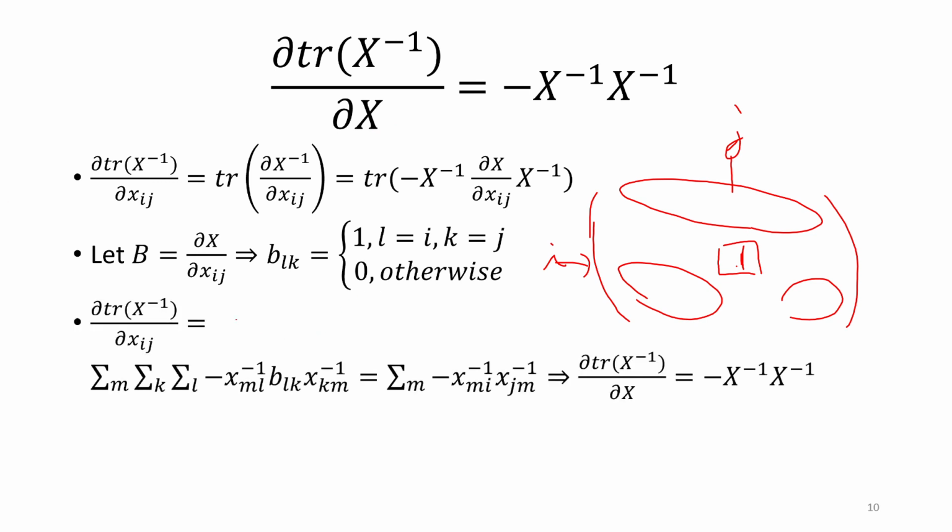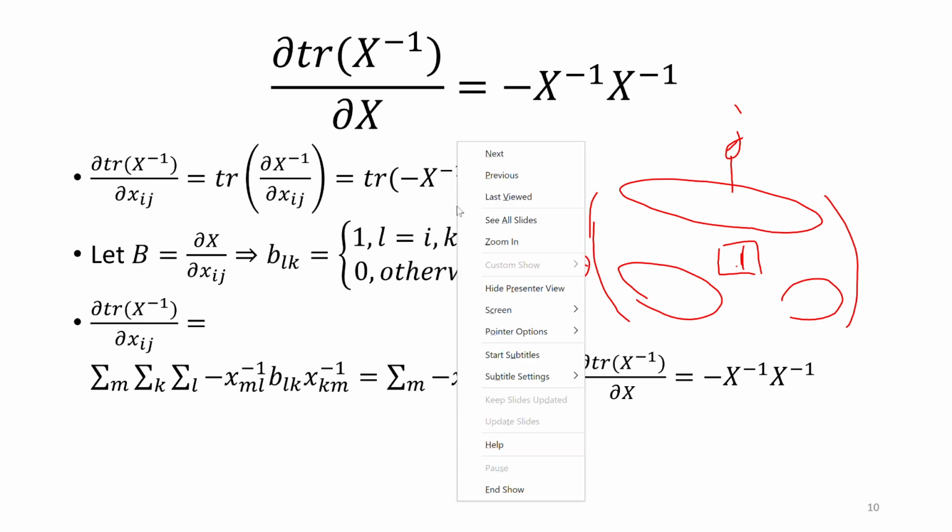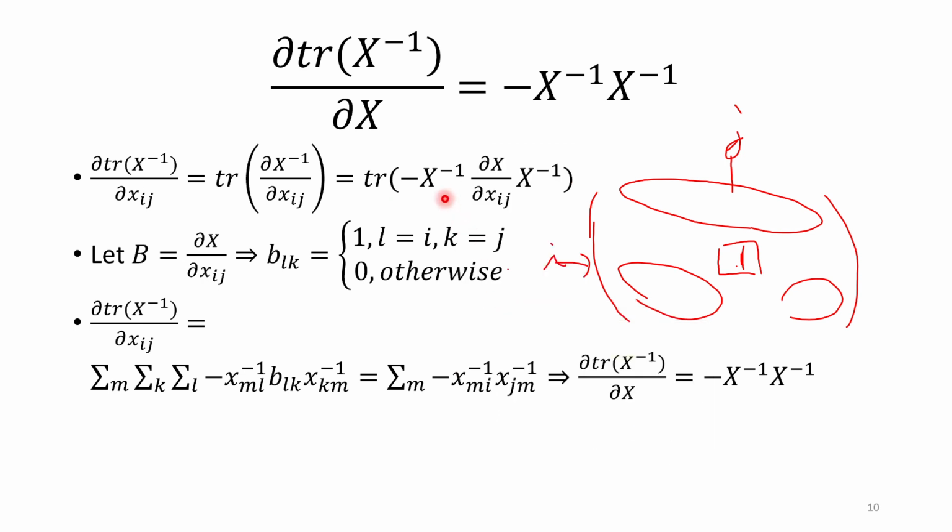Now we have the transpose of x inverse equal to this expression, and we just look at the ij-th element of it.